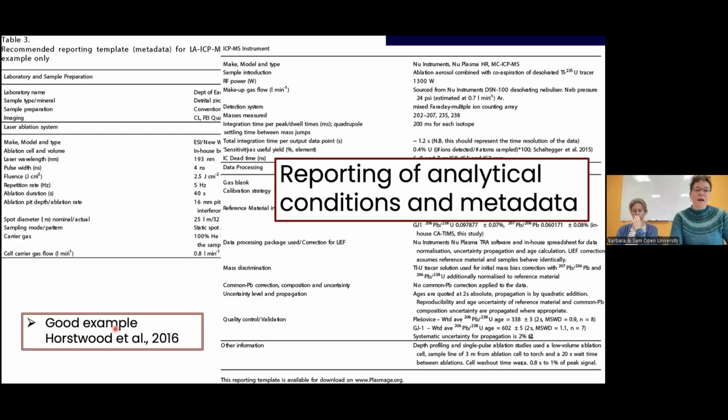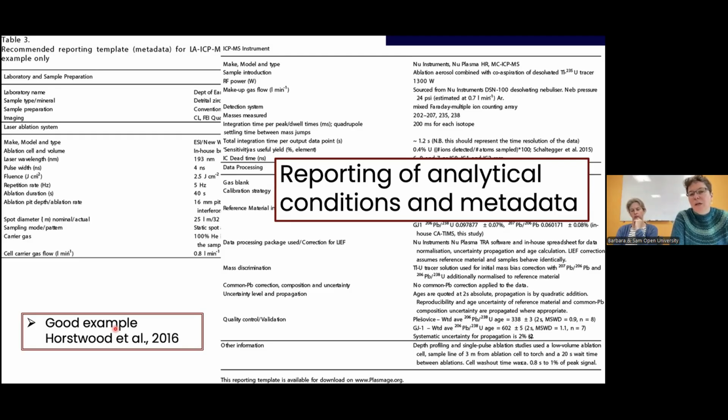And on top of reporting as well as documenting, it's also important to document analytical conditions and metadata. And this is an example from Matt Holstwood, who made some recommendations of what you should report. In this case, it's for laser ICP-MS analysis, but the same is true for solution analysis. And there are very many good examples out there in the literature of what to write down for what analysis.